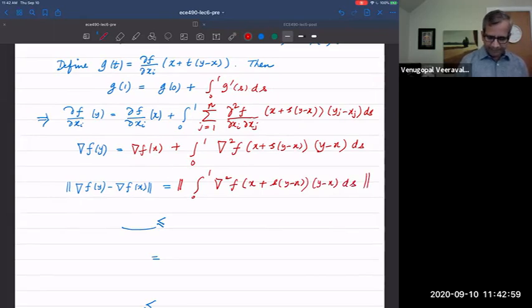Okay. All right. Now I'm going to apply the triangle inequality, but the triangle inequality applied in a continuous manner to the integral. What the triangle inequality says is that if I add up a bunch of vectors and take the norm, the norm of that sum is less than or equal to the sum of the norms. And in the limit, I can apply the same triangle inequality to the integral.